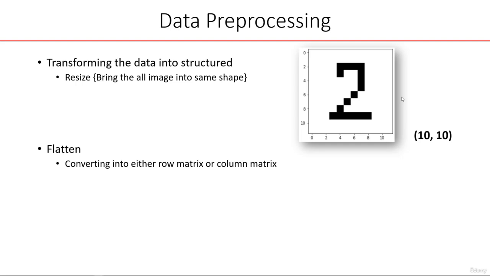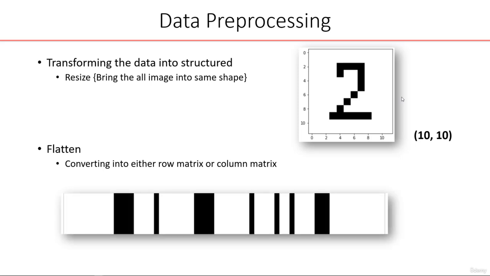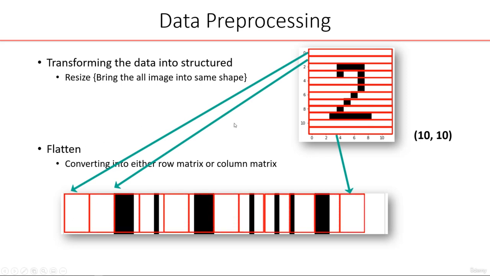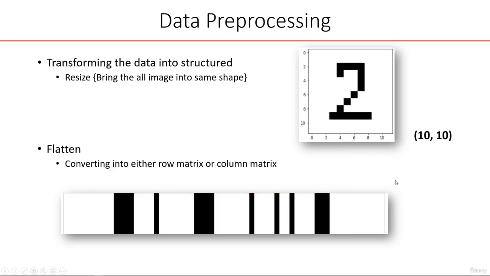Let's say I convert it into a row matrix, and it looks something like this, meaning that we take the first row and put it here, and we take the second row and put it here, and so on, so that we have the 10 rows in only one row, which is of size 1 by 100.